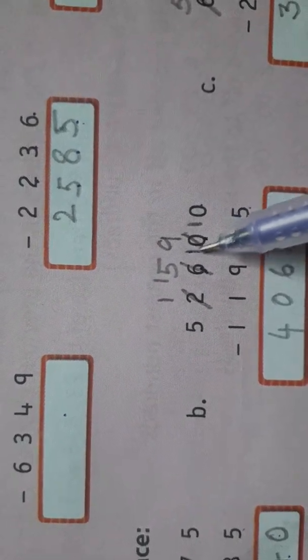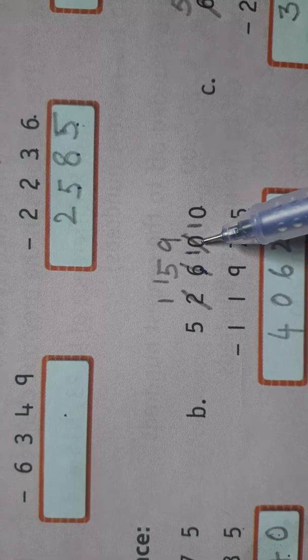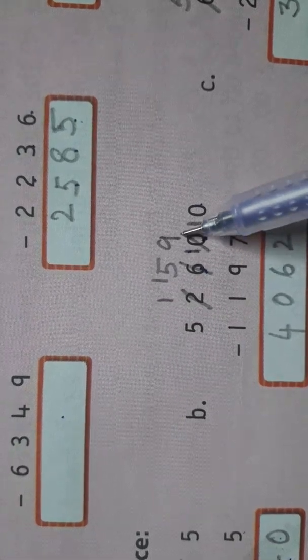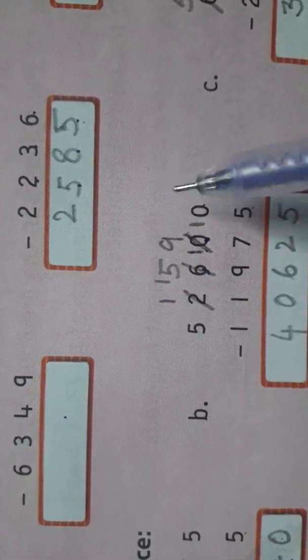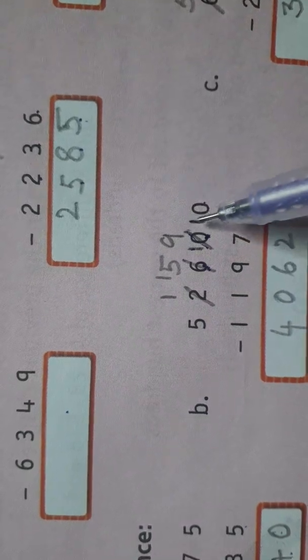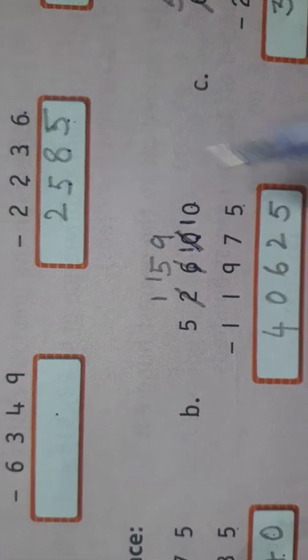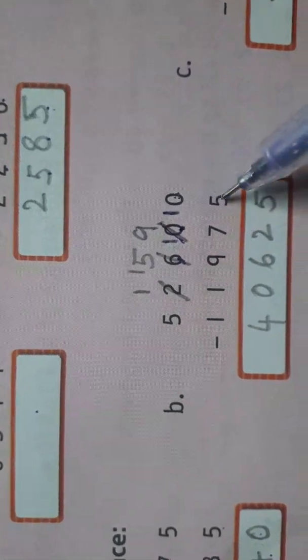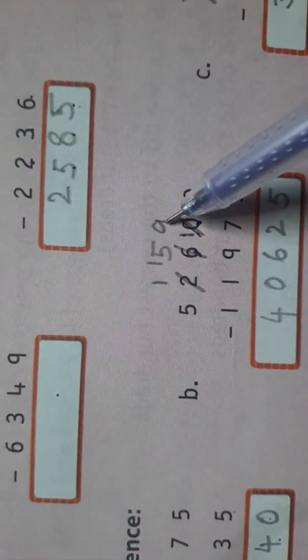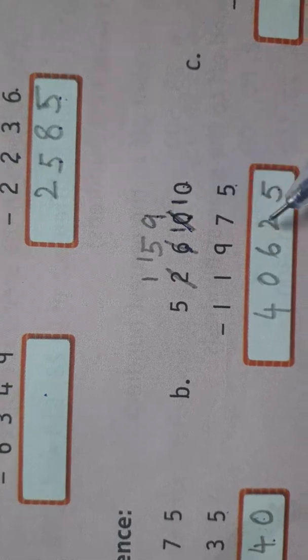So this will become 10. Now again from here, we are getting one number to ones place. This will become 10 and this will become 9. So now 10 minus 5 is 5. 9 minus 7 is 2.